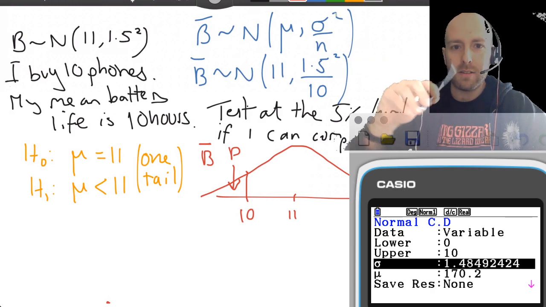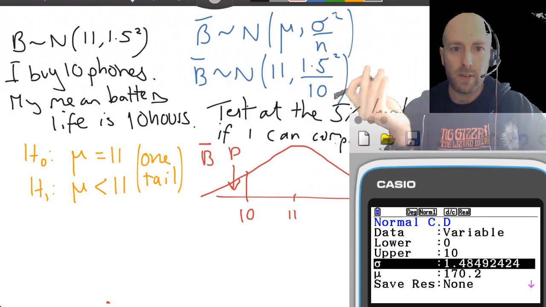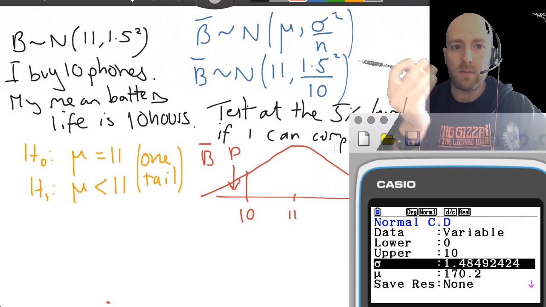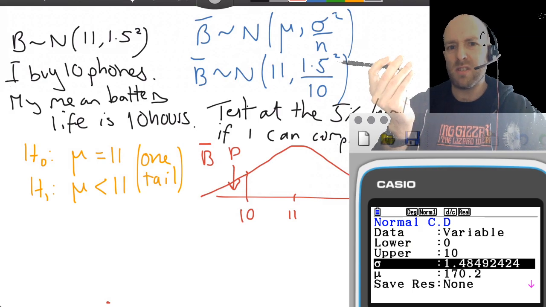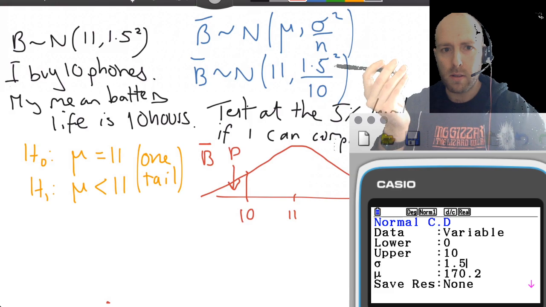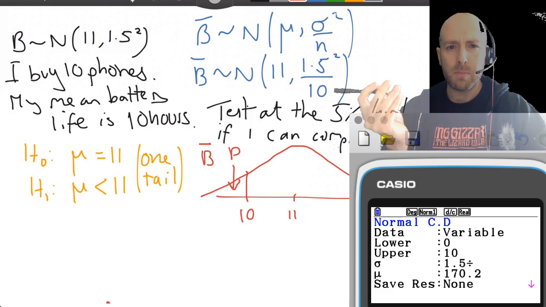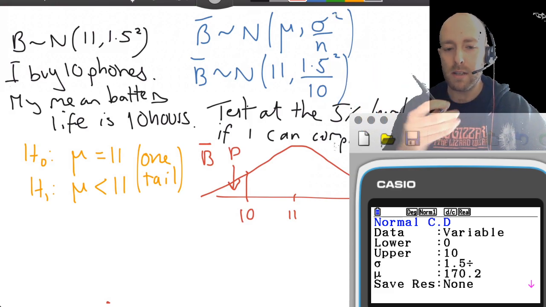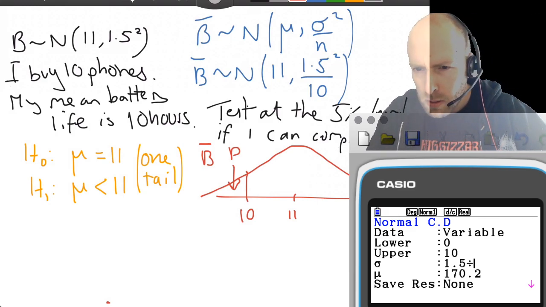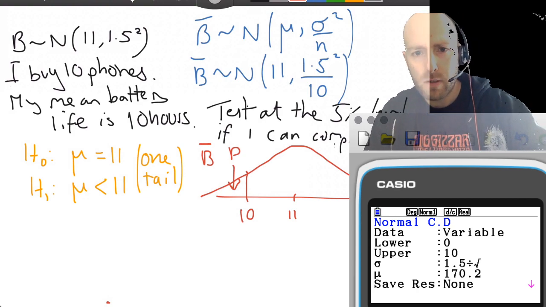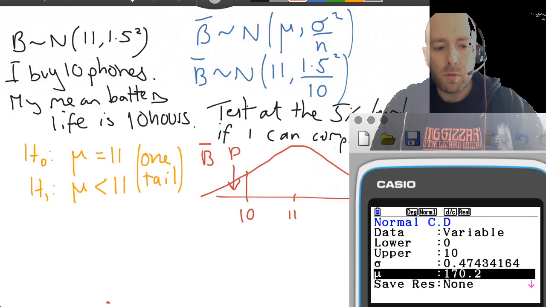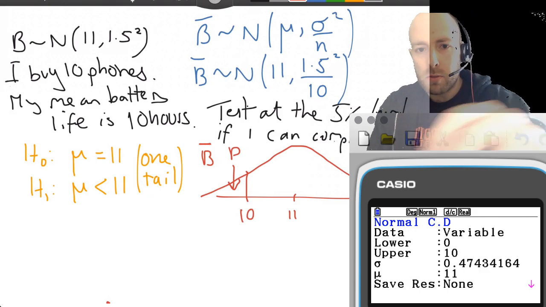I need to write in the standard deviation in my calculator, so I need to square root all this. The square root of 1.5 squared is just going to be 1.5, so type that in, 1.5 divided by root 10, since 10 is part of the variance, so I need to put root 10. It's really easy to get that wrong. So we're going to type in the square root of 10. Cool. Put in mu is 11, and we're trying to find what this probability is.